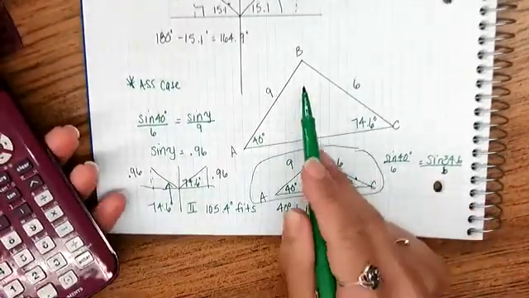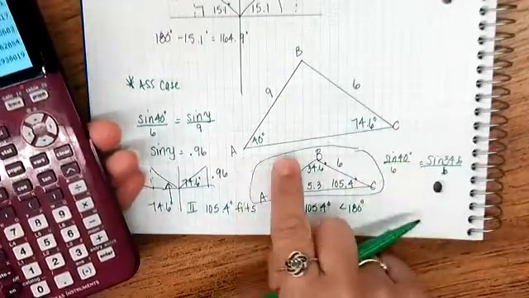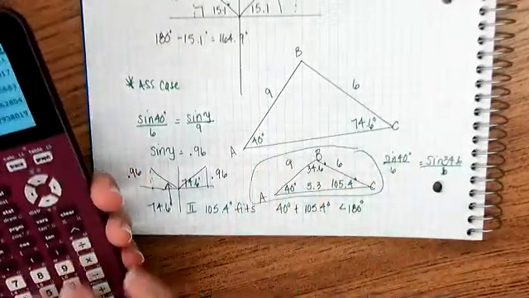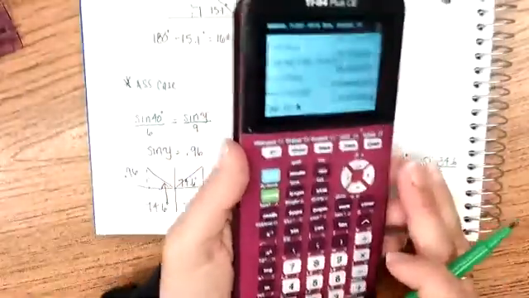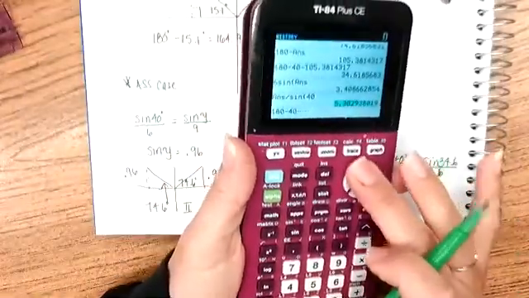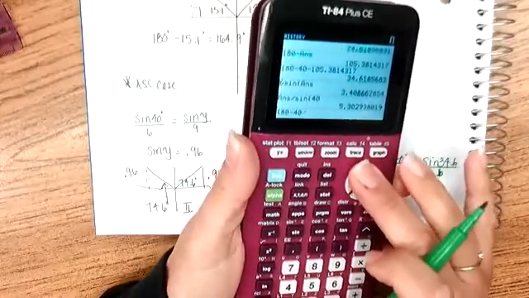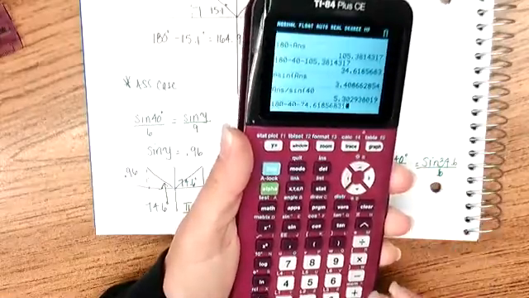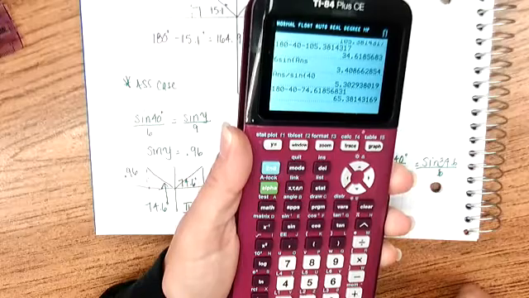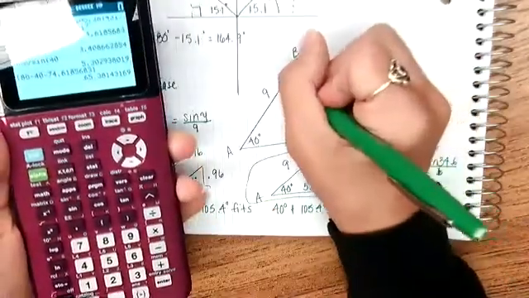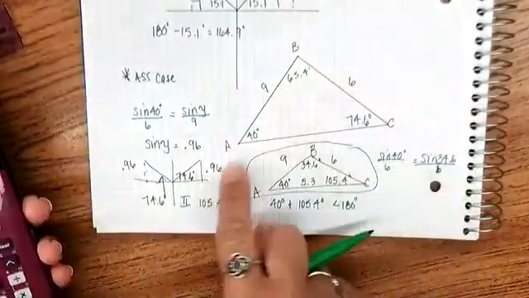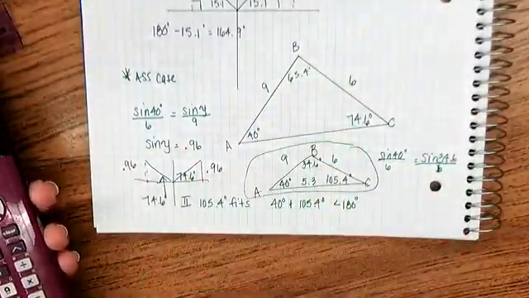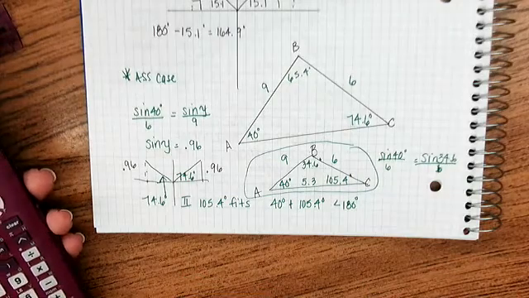Okay, so up here I'm going to do 180 minus 40 minus that 74.6, which for me is way up here somewhere. Here it is. 65.4. Yes, I mean, it would have worked had I not used exactly 74.6, but I'm not taking any chances that I'm going to lose points.